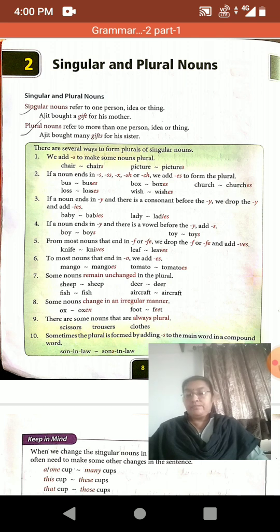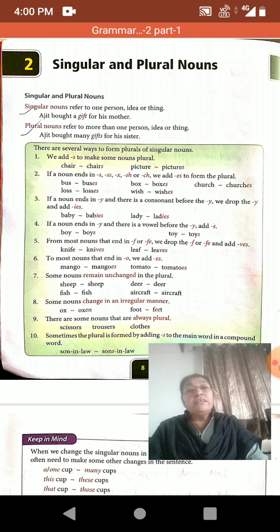Now next. For most nouns that end in F or FE, we drop the F or FE and add VES. Nouns ending with F or FE, remove both and convert into VES. Look, knife. We use a knife, no?